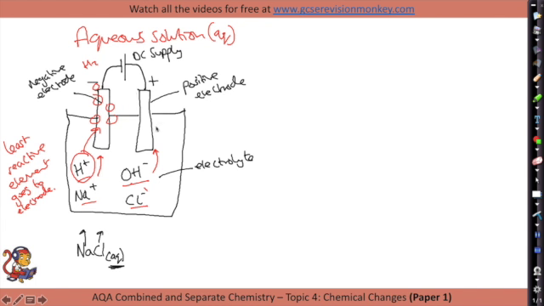If not, oxygen will be produced. So in this case, we've got our chlorine present, so chlorine will be produced, Cl2. Remember that a halide is a halogen from group 7, so if a halide ion is present, that will go to the electrode.